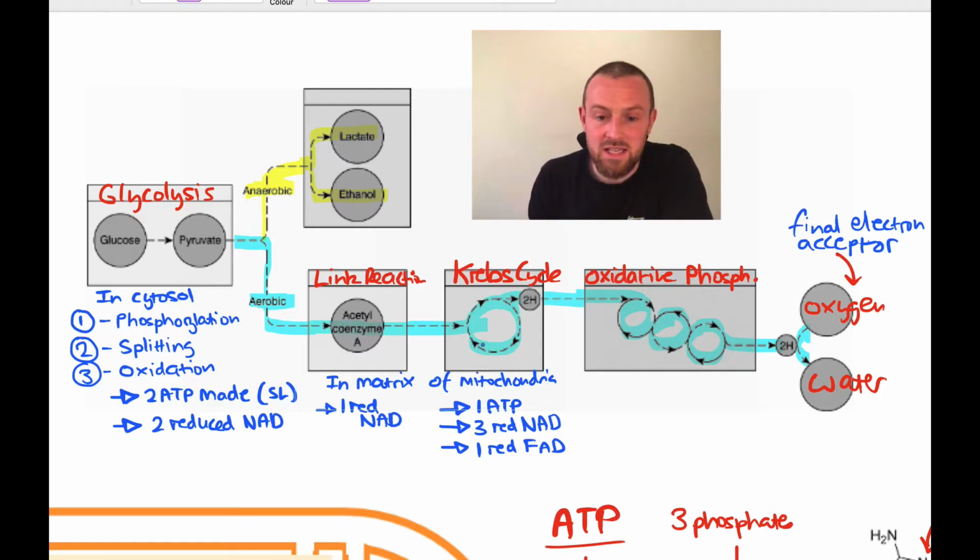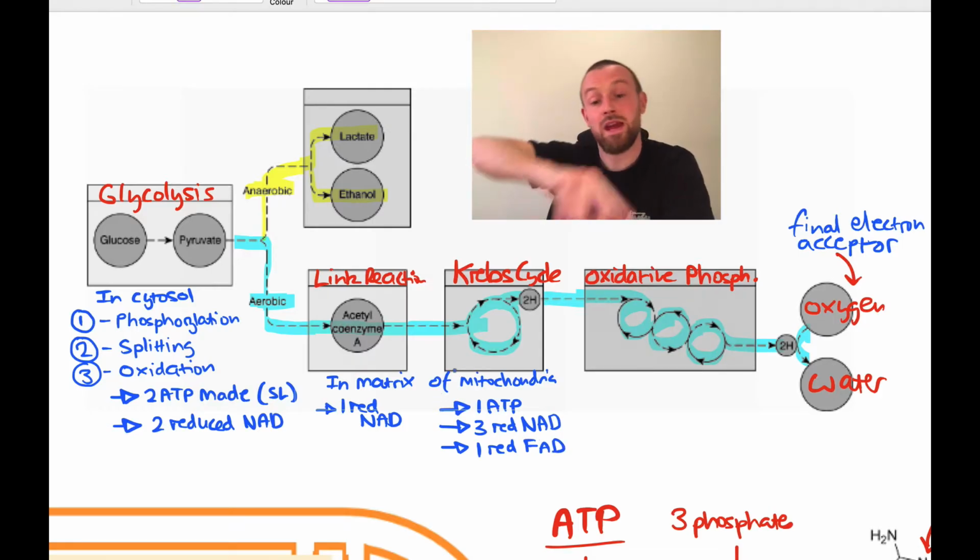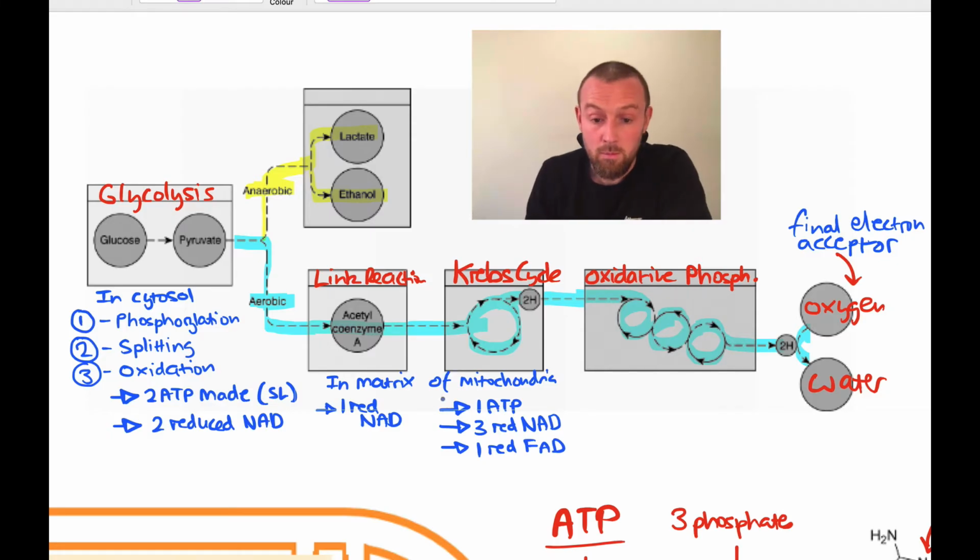Now, because that's per turn of the cycle, actually we get 2 turns of the cycle per molecule of glucose. So we can kind of put a bracket around that. We'll kind of times it by 2 almost, which would give us 2 ATPs, 6 NADs, and 2 FADs, which you could write down if you wanted to.